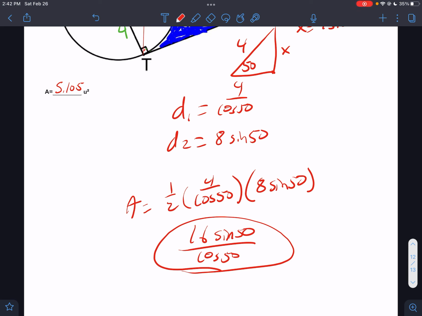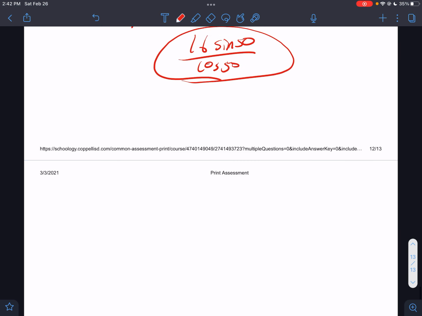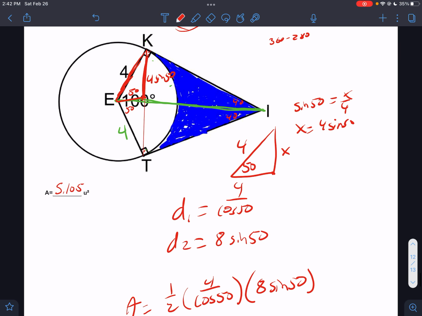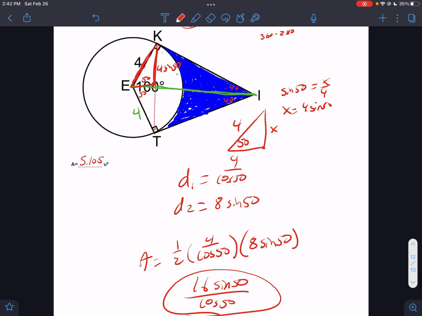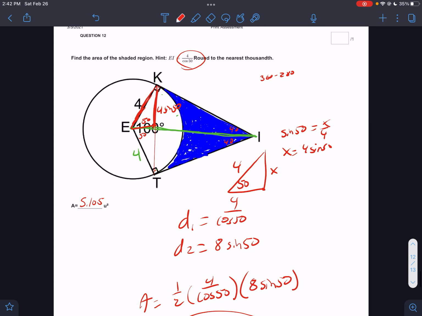Oh my. I messed up somewhere. This is the last question, so let me take a look again. It's possible I didn't make a good question, and maybe I solved it a way that doesn't work. EI is that entire diagonal, 4 divided by cosine 50.